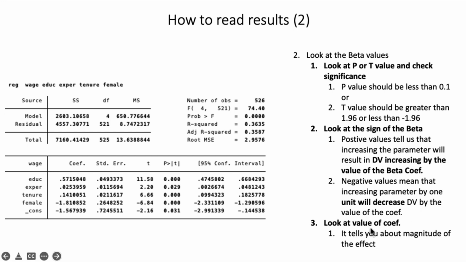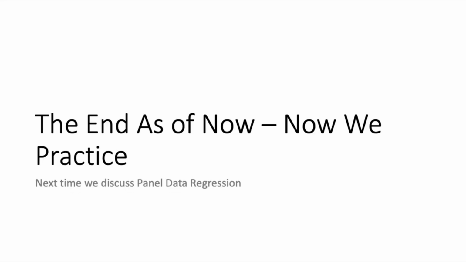So you look at signs, and then you look at the magnitude as well, because the magnitude also matters. With that, we stop over here, and then we go into practice. Next time, we talk about some panel data analysis.